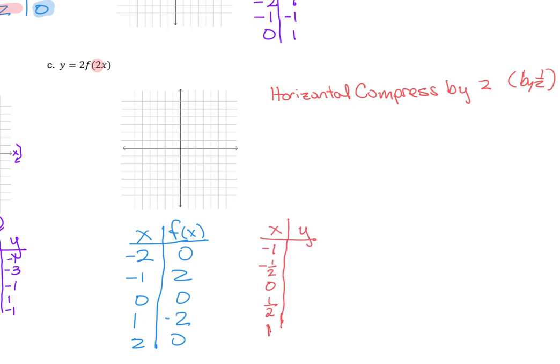I'm going to do my second thing at the same time, just because they are disconnected. On the outside, we have a +2. Remember, this is going to be vertical because it is outside.